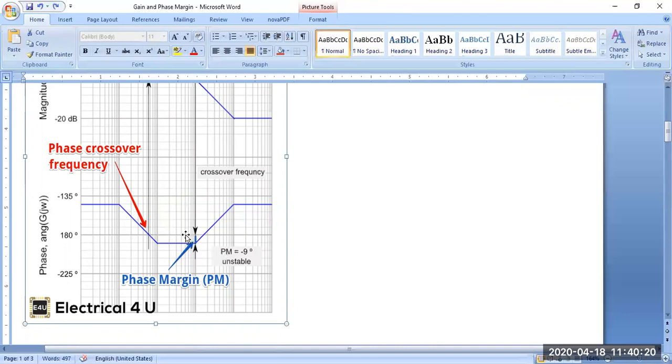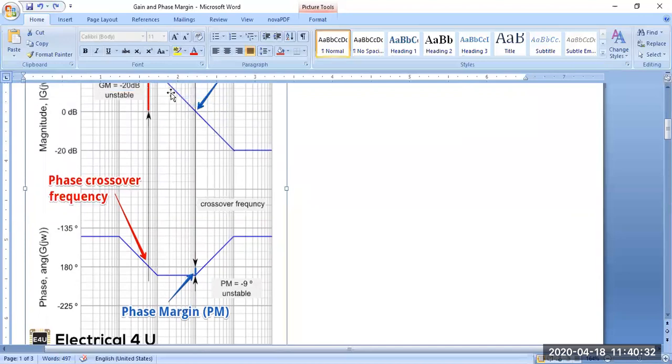So phase margin right now is shown by the blue line here, which is a very short line. See here. So this line comes from the point where the magnitude plot cuts the 0 dB line. So from here you have to drop a straight line and cut the phase plot.